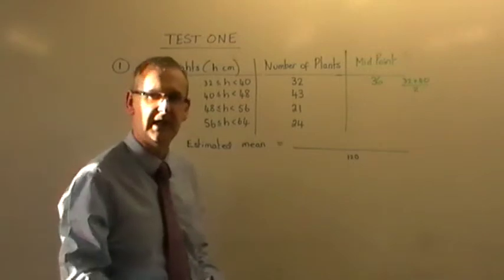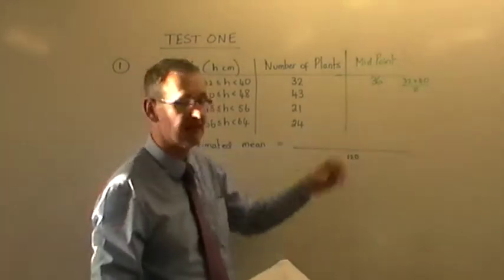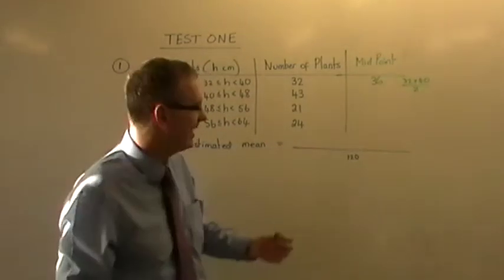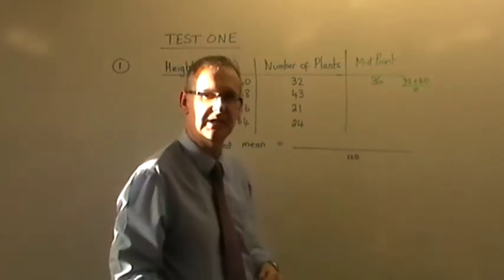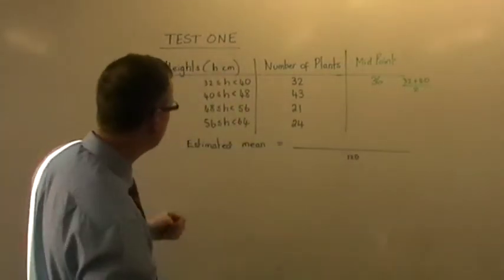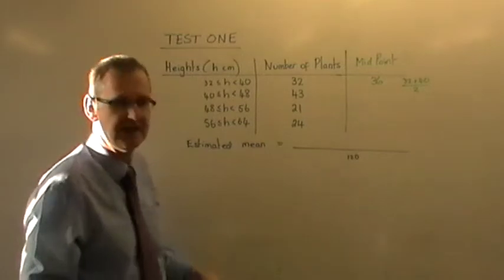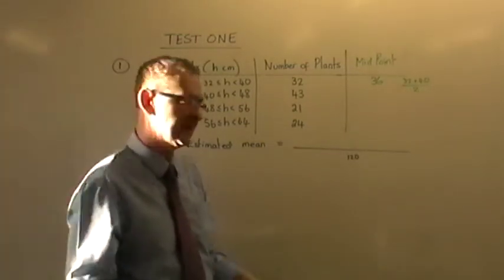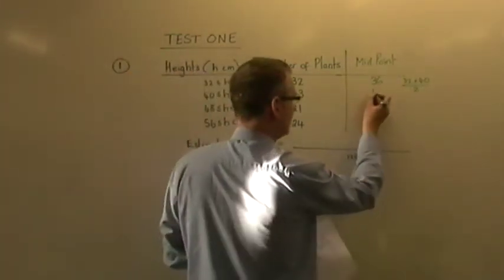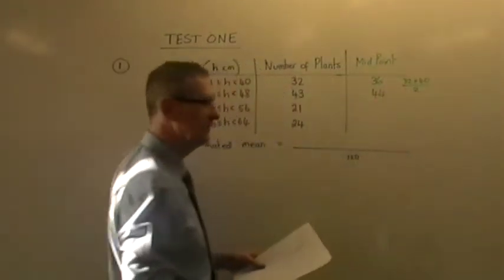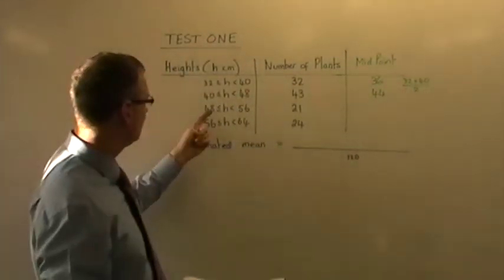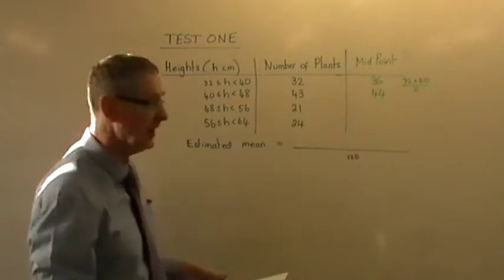And if you did that with the calculator, you'd get the answer 36. If you can see what the answer is straight away in your head, you can just put it straight down. Okay, the next one, 40 to 48. I need to know what the midpoint is. Well, I think it's fairly straightforward to see that the midpoint is 44. The third one, 48 to 56, is a bit harder.